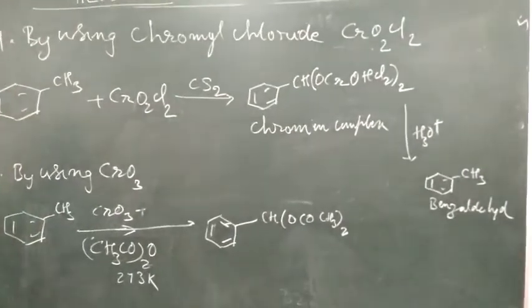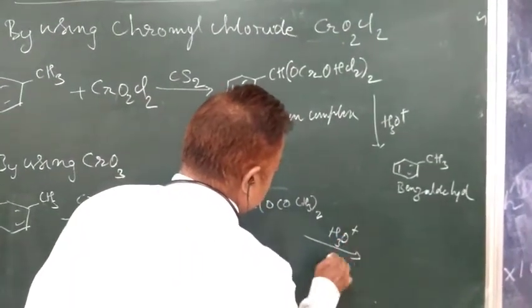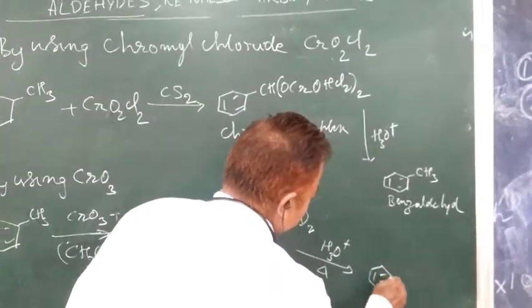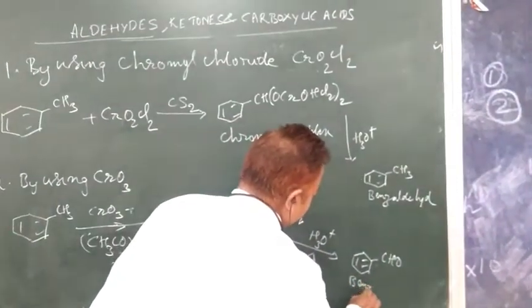This on hydrolysis with H3O plus and of course heating, we get C6H5CHO, benzaldehyde.